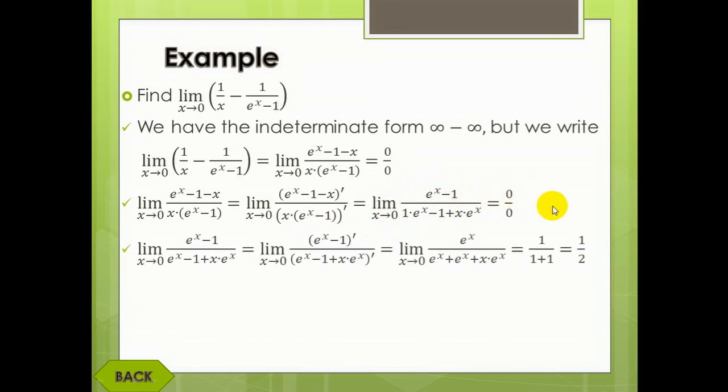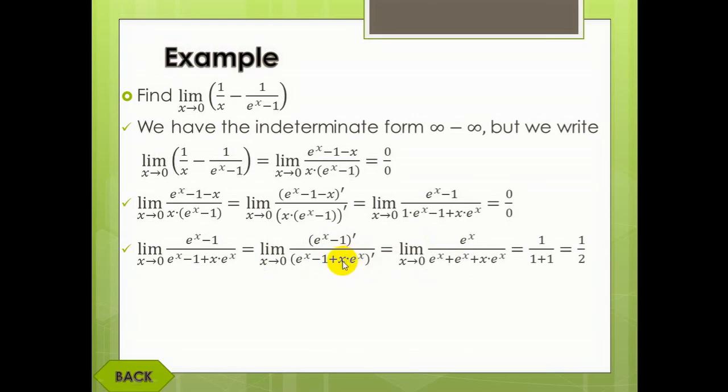So we use L'Hospital's rule again. The derivative of e^x − 1 is e^x, and the derivative of the other part, x times e^x, uses the product rule. Let u = x and v = e^x.